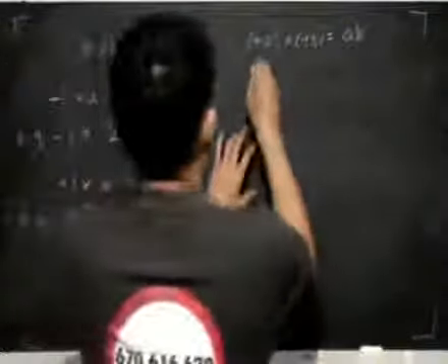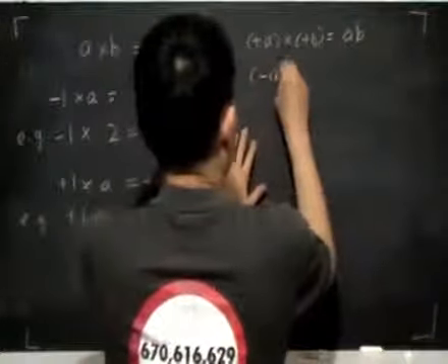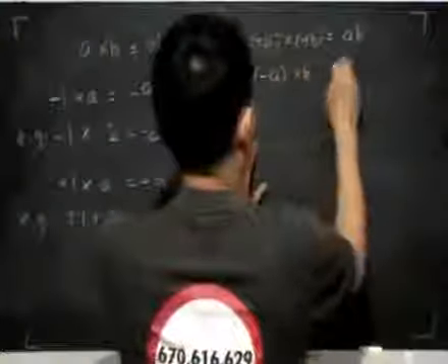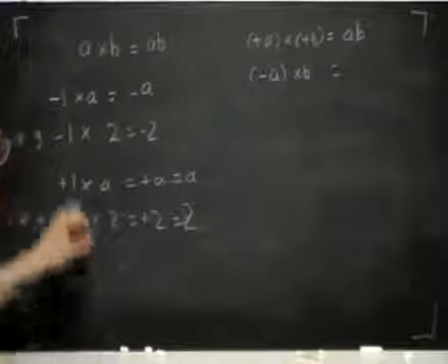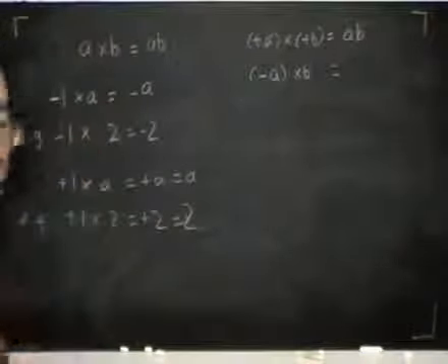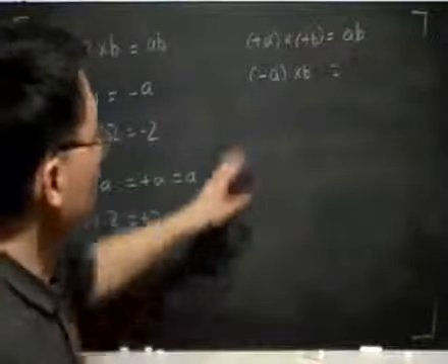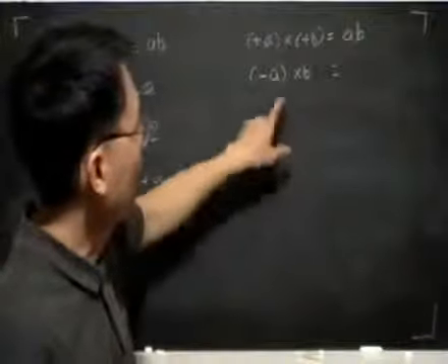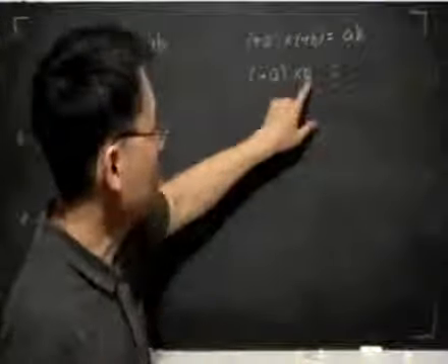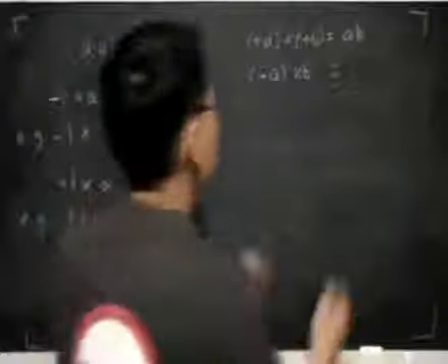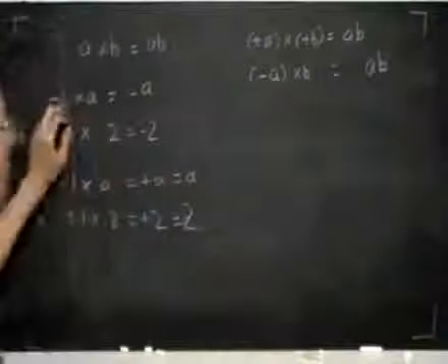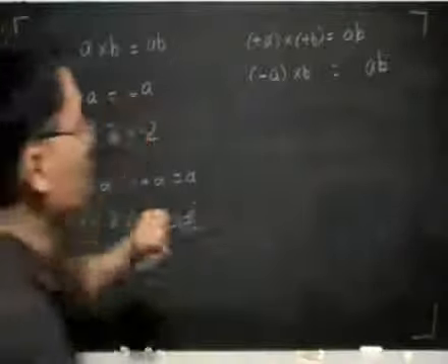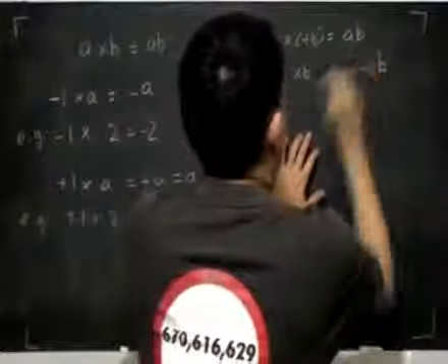How about minus A times B? Minus A times B, well, minus A means the same as minus 1 times A. So that's just minus 1 times A times B. And we know A times B is just AB, and the effect of the minus 1 there is just to give a minus sign. So that's that.